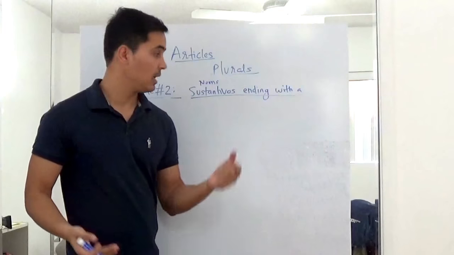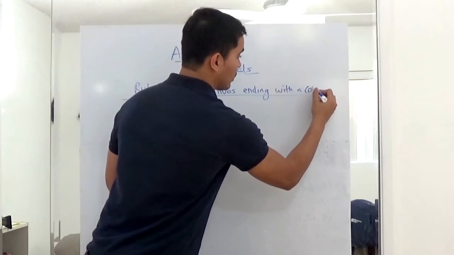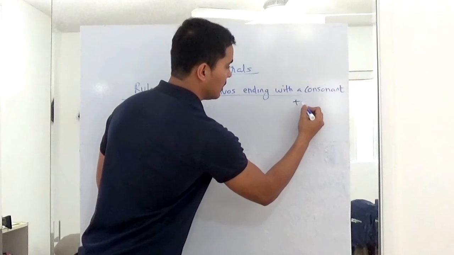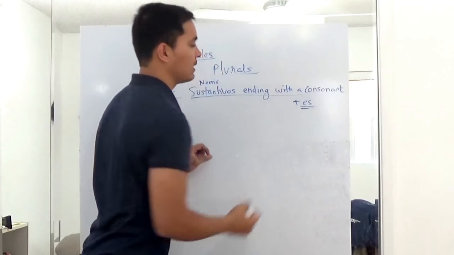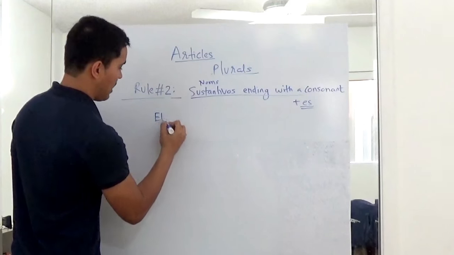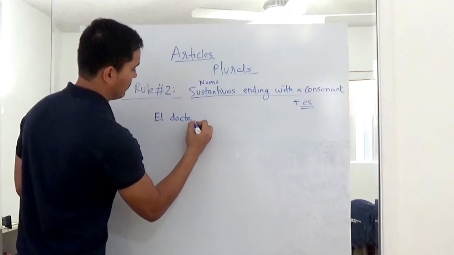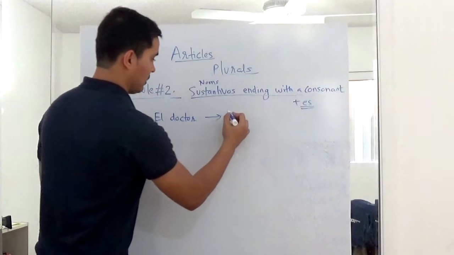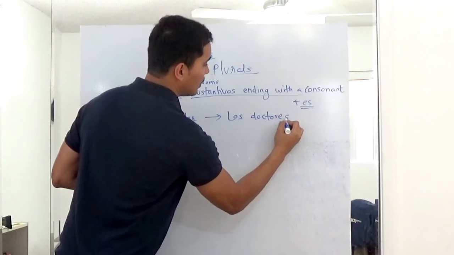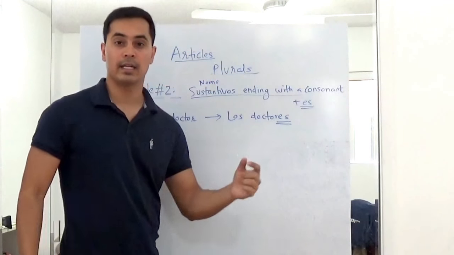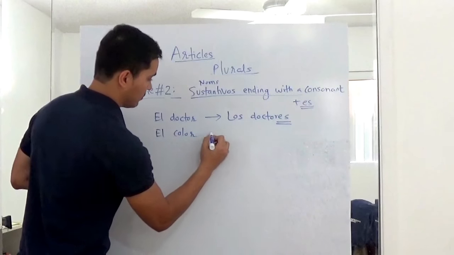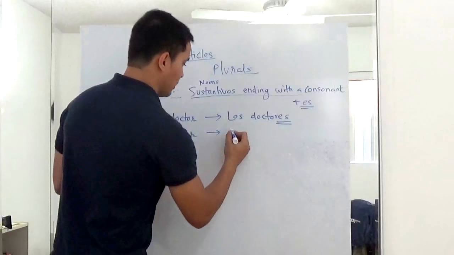Sustantivos or nouns ending with a consonant, not a vowel. How do you make the plural form? Instead of adding S, you add ES at the end of the noun. For example, el doctor. The plural form is los doctores. So you added ES at the end to make the plural form. Los doctores. El color, which means the color.